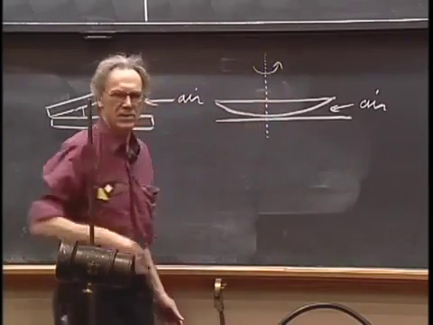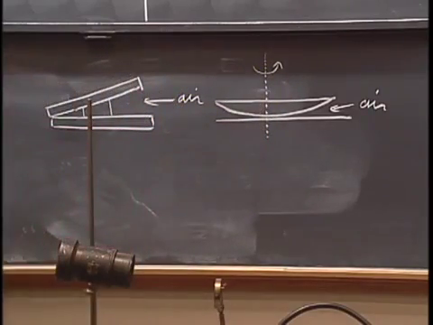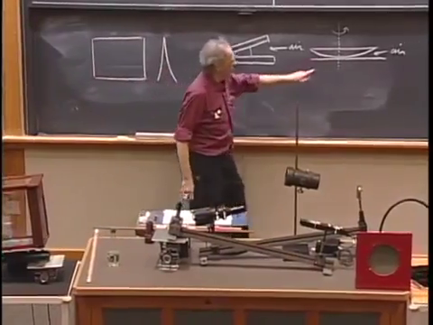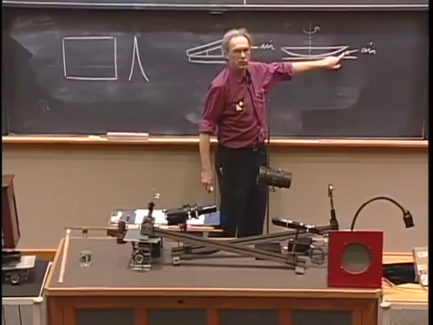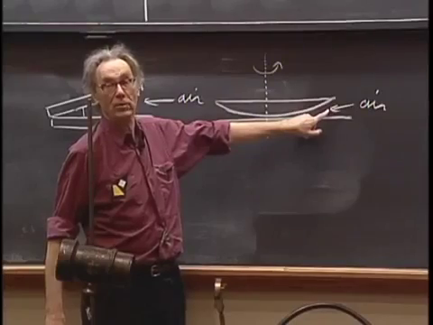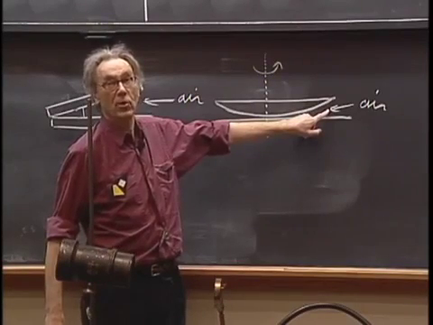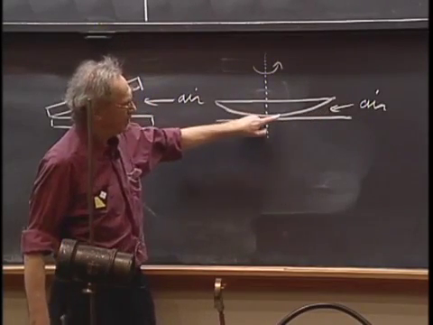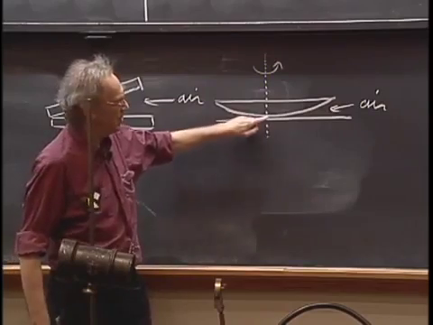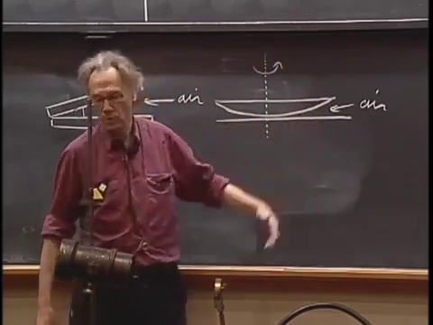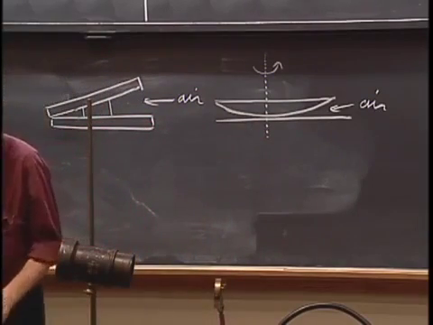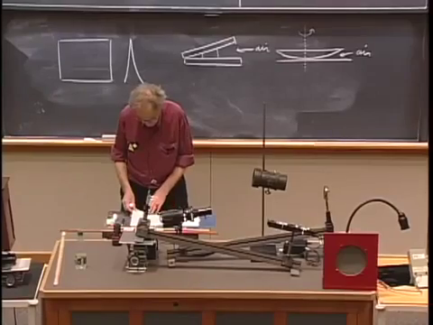You will see rings of darkness and rings of brightness. And these rings will be very far apart here, and they will be very closely together there. And this is part of your homework assignment to show that. And that has to do with the fact that the change in thickness here is very little because of the curvature, and the change here is much faster. These are called the Newton rings.